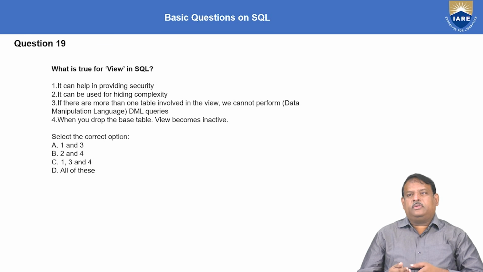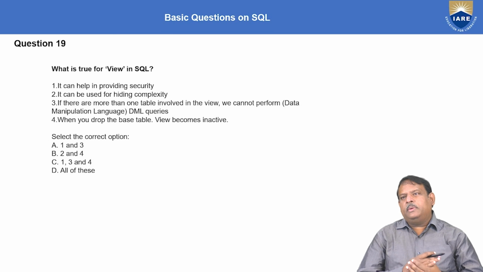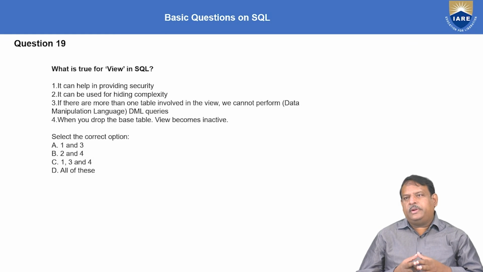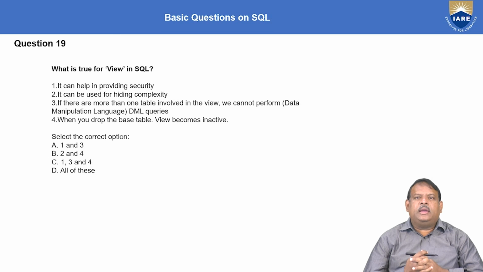What is a view in SQL? It is like a virtual table. You can create a view on a table so that you don't need to give the entire table contents to a person. You give only filtered data. Now what does it do? It can help us in providing security.